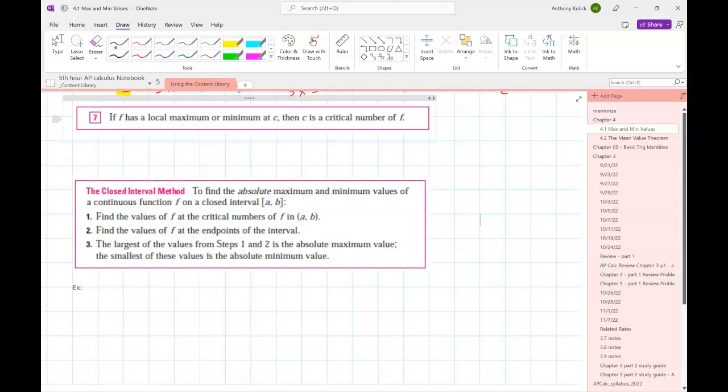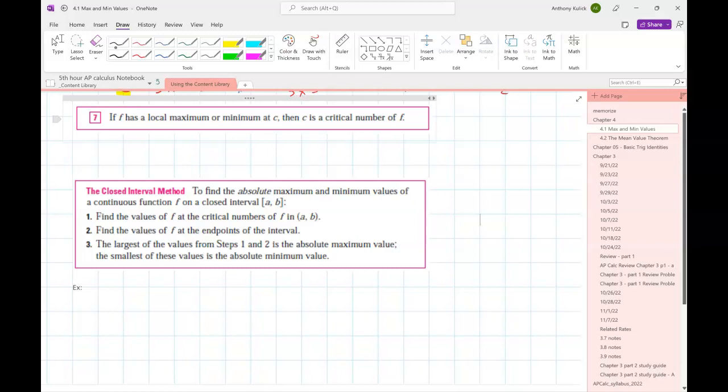And then we're going to find the value of f at the endpoints of the interval. And then we want to take the largest of the values from step 1 and 2 and the smallest of the values from step 1 and 2, and those will be our absolute maximum and absolute minimum respectively.